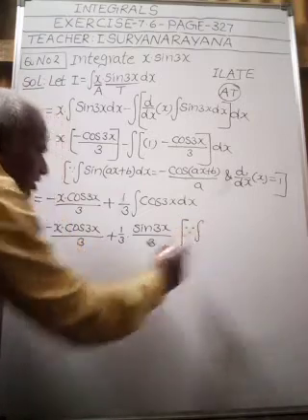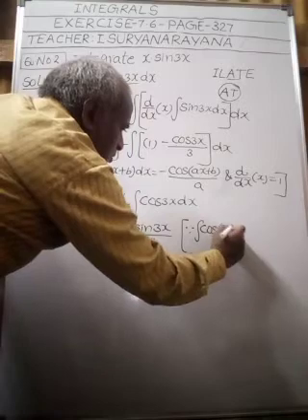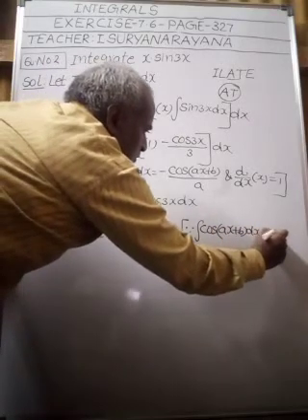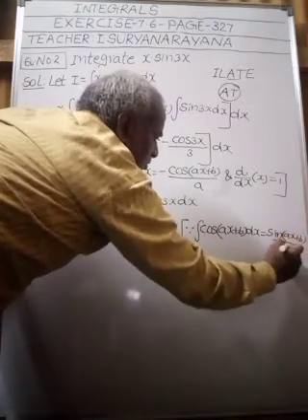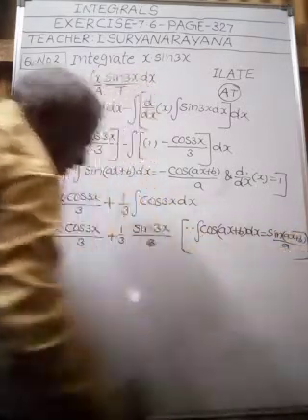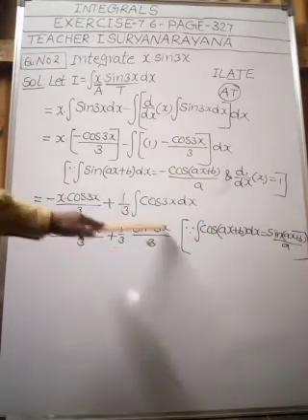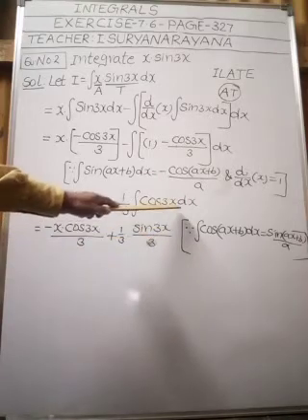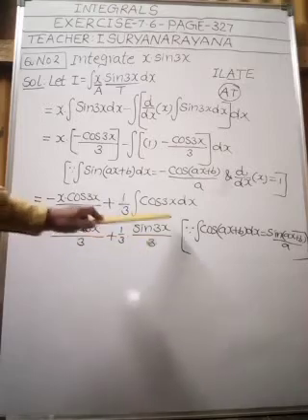Because integral cos of ax plus b dx is equal to sin of ax plus b whole divided by a. By using this integral formula, we wrote this part, where a is equal to 3, b is equal to 0, the constant term is not given. Okay, my children, understood this part?